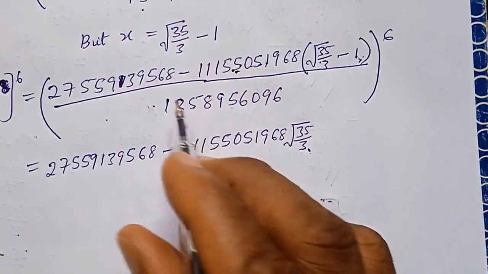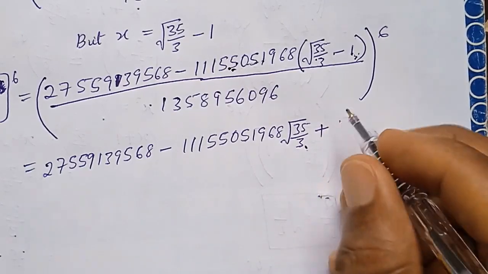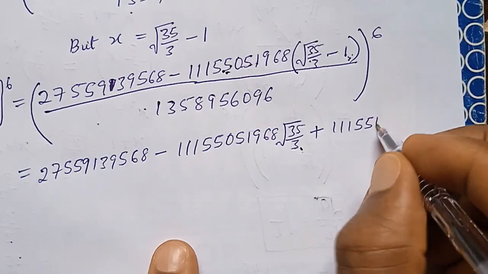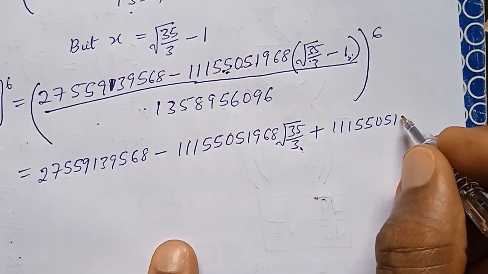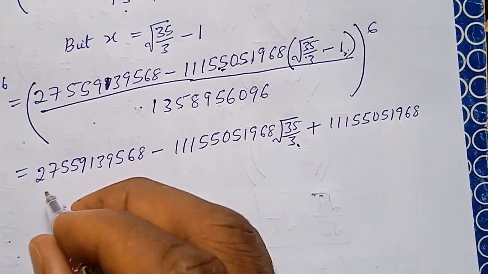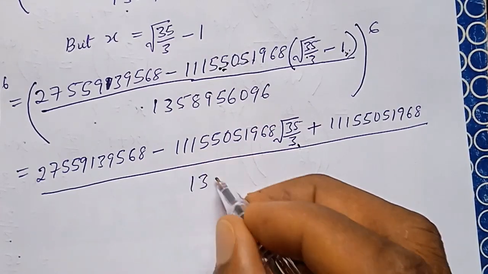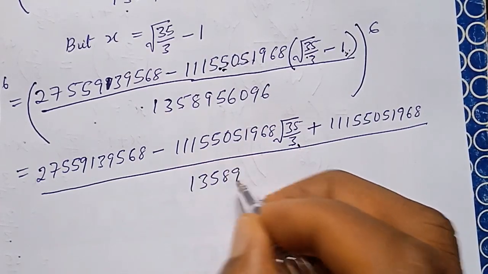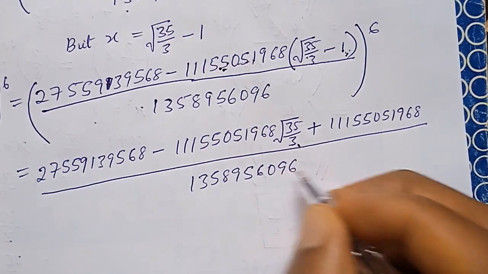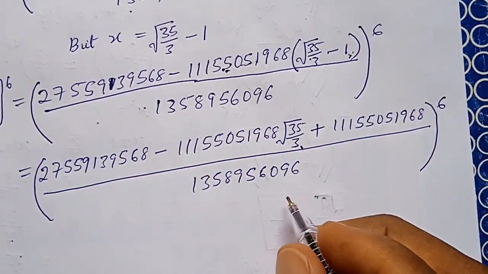If we multiply by this, we have plus, so we have this value back: 11155051968, all over 135895696, all into bracket power 6.